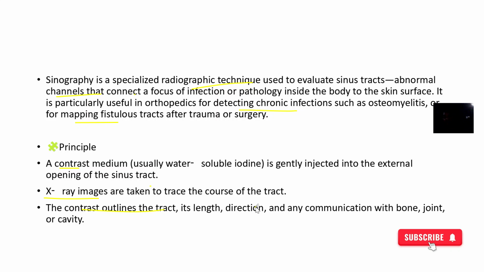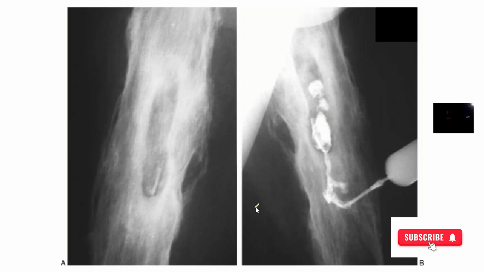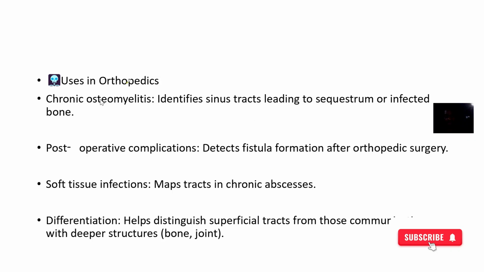You understand? From the surface, you are tracking this sinus that is on the surface: where is the root? Where is it actually from? Uses in orthopedics: it can be used to diagnose chronic osteomyelitis that causes a lot of sinus tracts for the pus to leak out on the surface, post-operative complications, and fistulas that come as a result of surgeries.